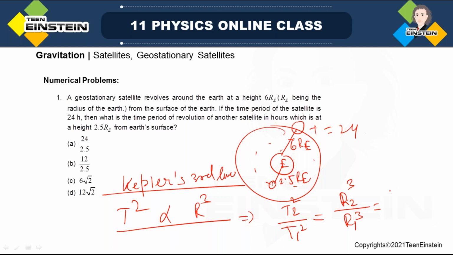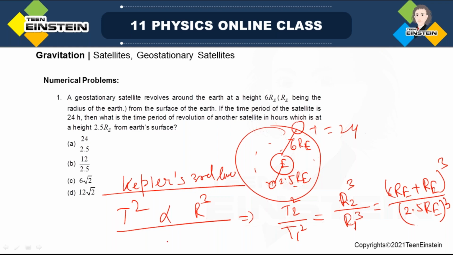So R2 means 6 RE plus RE, divided by this one. Obviously this is a cube, and this is a whole cube. This is again 2.5 RE. These are whole cubes.